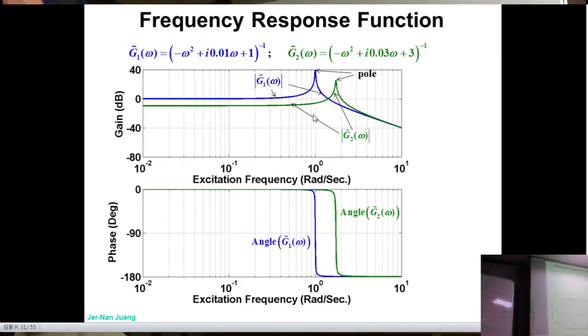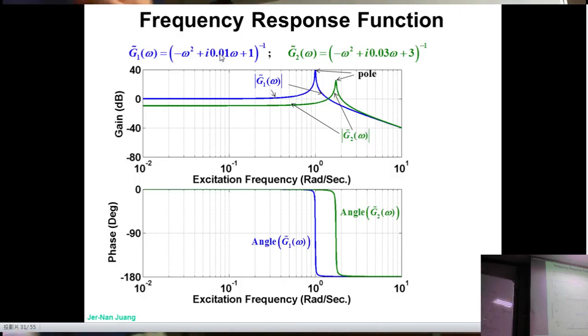The blue line is the modal coordinate 1. The green line is modal coordinate 2. But don't forget that's G1 tilde, G2 tilde. The coordinate is different. That's from U tilde to Q.